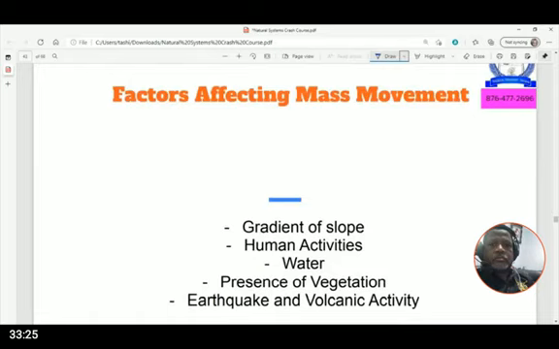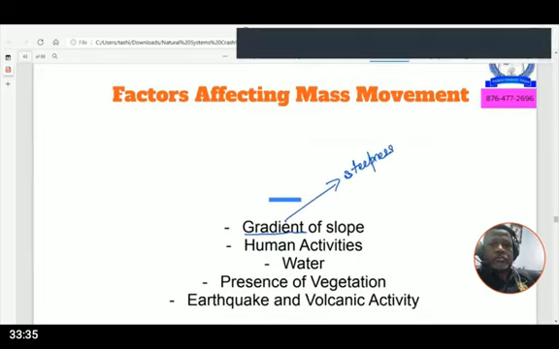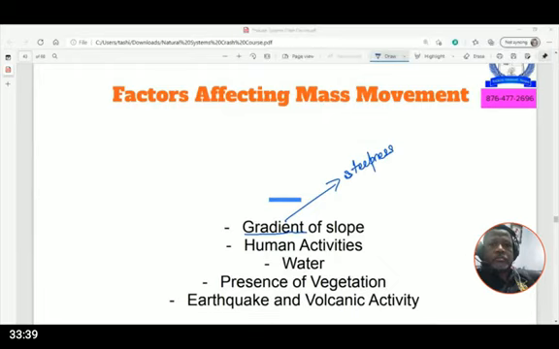So we mentioned slope earlier in both landslide as well as in soil creep. So the gradient of the slope, this really means the steepness of your slope. So the first one is the gradient of the slope, which is really talking about how steep your slope is. Then we have human activities, water, presence of vegetation, and earthquakes and volcanic activity.